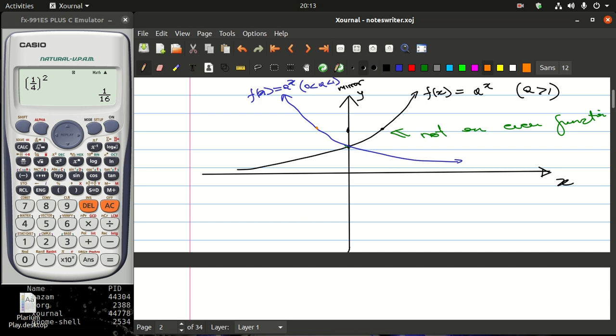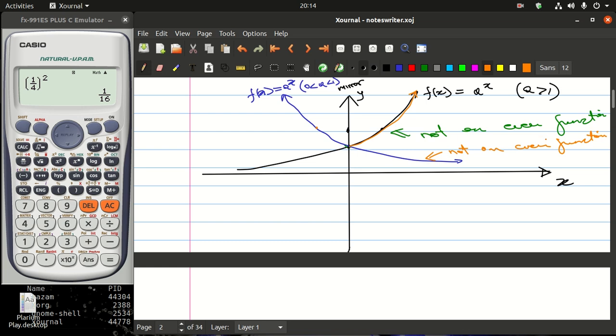If I were to stand somewhere here, what will be the image of this portion here in the mirror? What you will see on the mirror will be this curve here. But this orange piece here is not the same as this remaining piece. So you cannot get this remaining piece by reflecting this along the y-axis. Therefore, even in this case, this exponential function is not an even function.